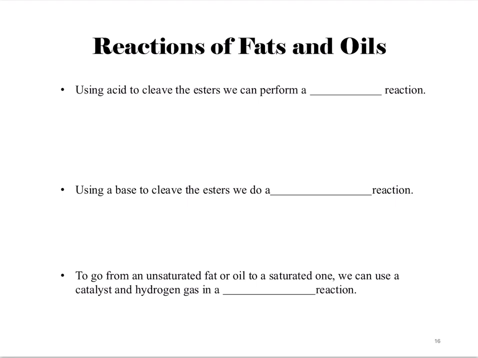We can use an acid the same way we make an esterification in acidic conditions. We can use an acid to cleave the esters, and this performs what kind of reaction? If we cleave the ester, what 2 groups do we get whenever we break up an ester? Carboxylic acid and alcohol, right? It's just the opposite of what we just did.